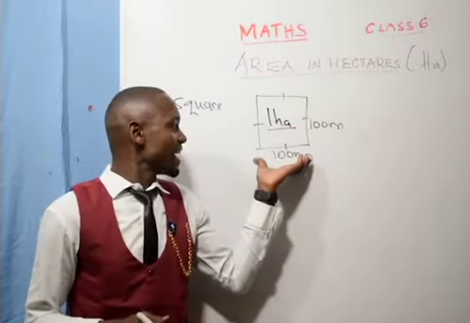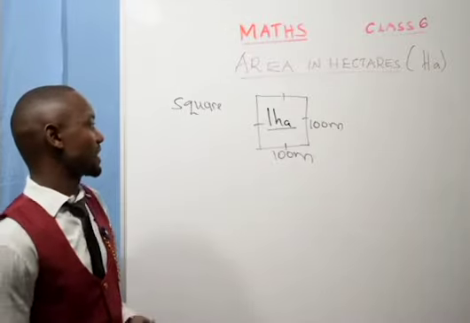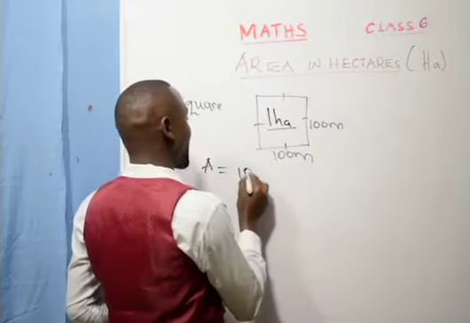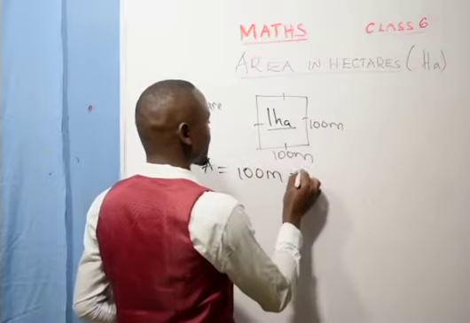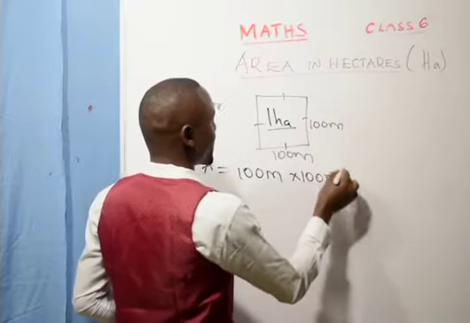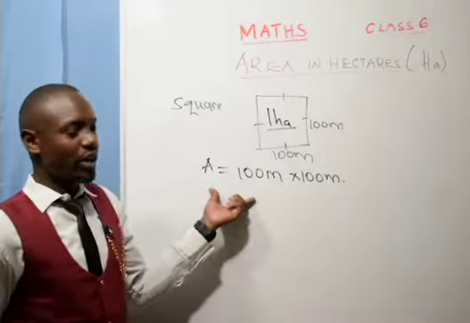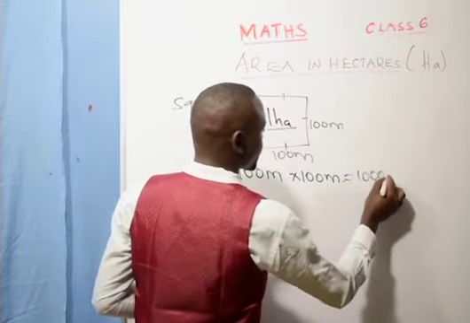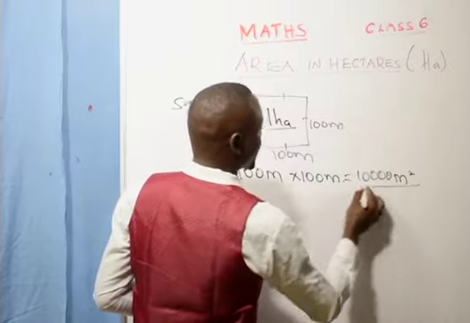So what is the area of this piece of land in square meters? We say that area is equal to side times side, that is 100 meters times 100 meters. So the area of this square piece of land will be 10,000 square meters.